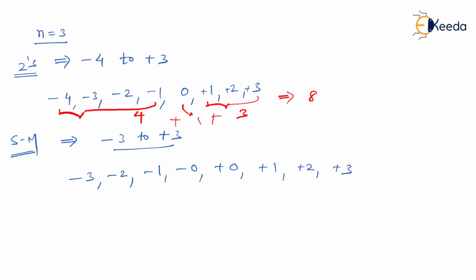So there are a total of 8 distinct digits. Distinct digits means digits which never repeat. Like we have 0 here, which is never repeated, then we have plus 1, plus 2, plus 3, then minus 1, minus 2, minus 3, minus 4. All of them are non-repeated, so the number of distinct digits is 8 here.